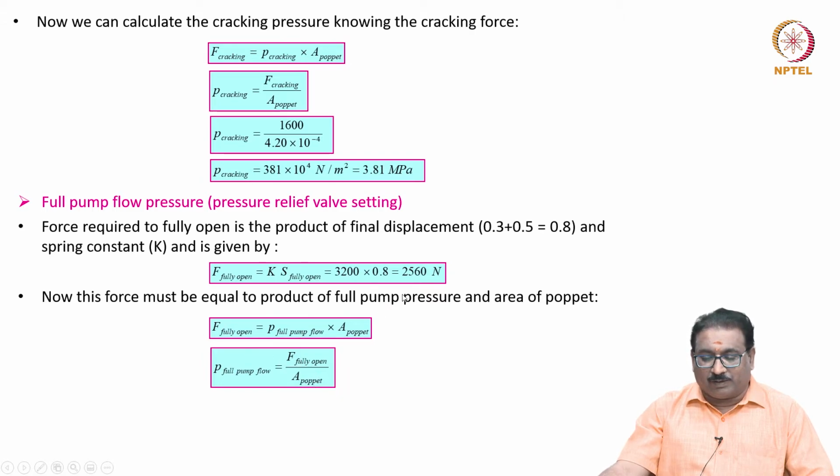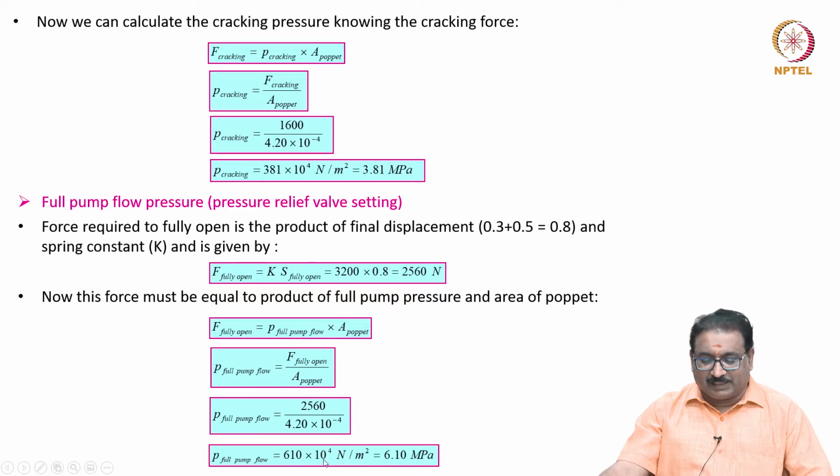We already know 2560 divided by the area of the poppet. Substituting, I will get 610 into 10 to the power of 4 Newton per meter square, or you divide by 10 to the power of 5 and you get 6.10 MPa. This is the pressure for the full pump flow.